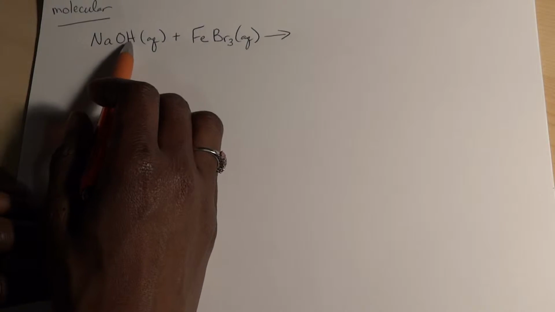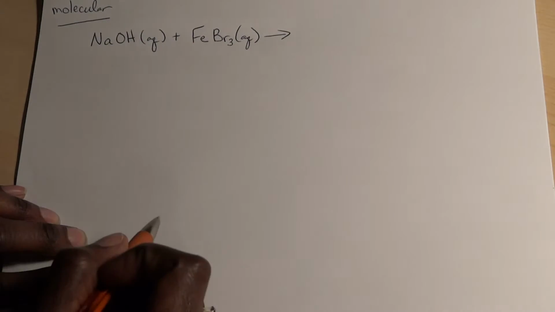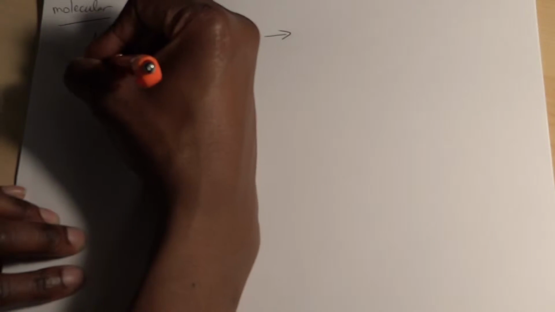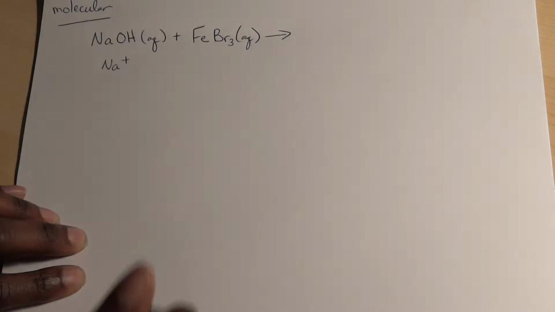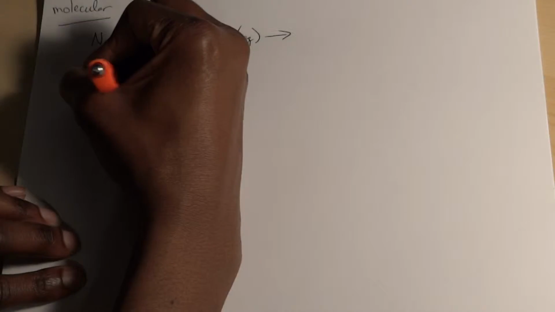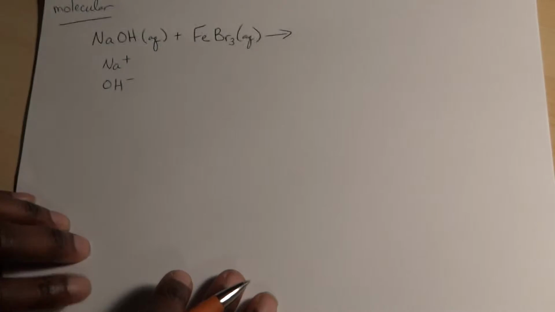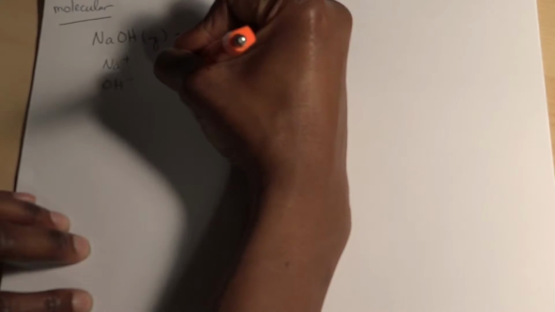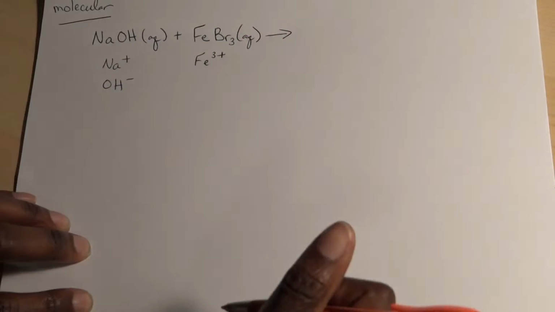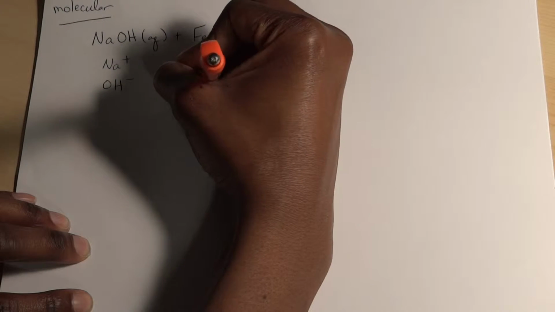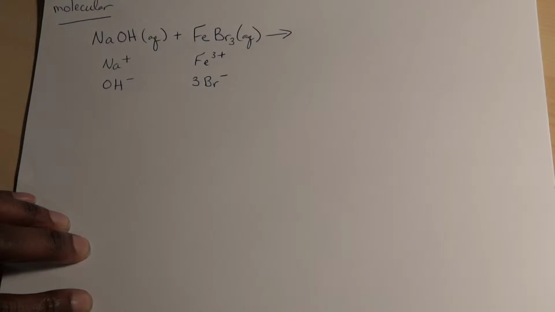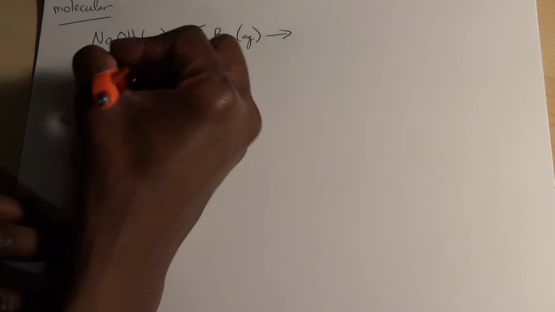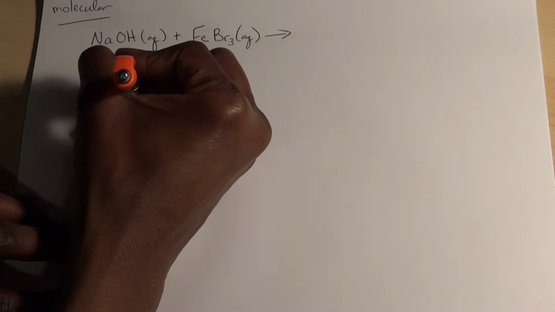So let's start by looking at what ions we have in each of these. Over here we have sodium ions and hydroxide ions. Over here we have iron 3 ions and bromide ions. So switching partners like that.